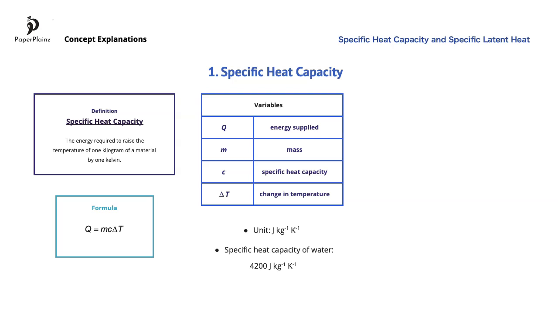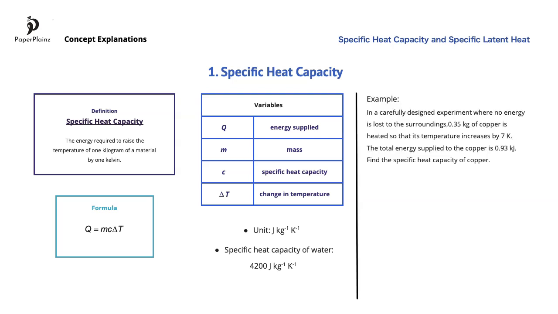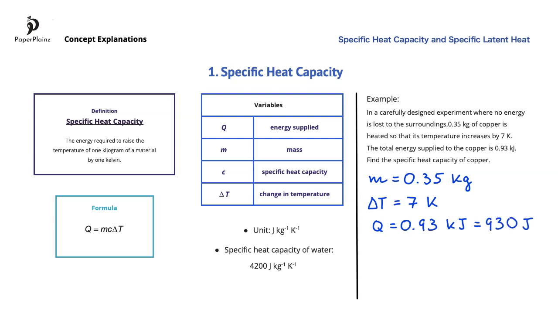Let's see a specific heat capacity example. Here we have to find the specific heat capacity of copper based on an experiment. We know that m, the mass, is equal to 0.35 kilograms, delta T, the change in temperature, is 7 Kelvin, and that the energy supplied is equal to 0.93 kilojoules, which I will convert into joules and get 930 joules.